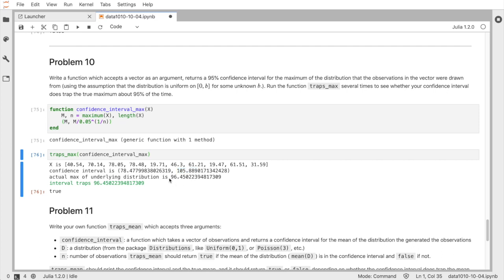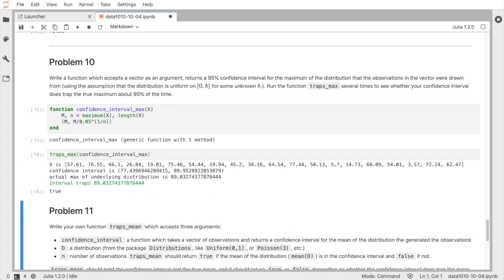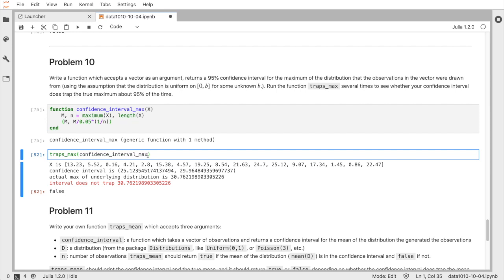And that does trap this actual maximum value. So 78 was close enough that when we divided it by 5% to the 1 over n, we managed to trap this value. And once again, if we run this a bunch of times, we're going to be trapping the actual maximum about 95% of the time, but eventually we'll fail.